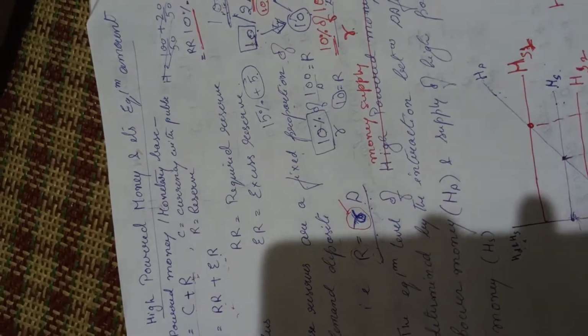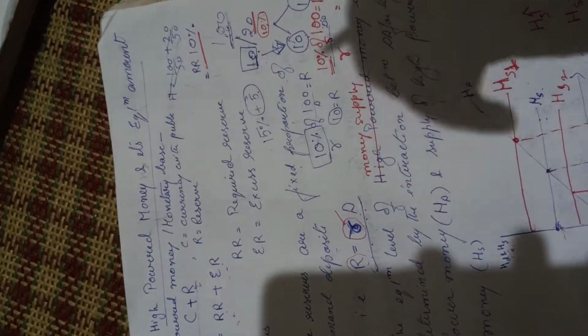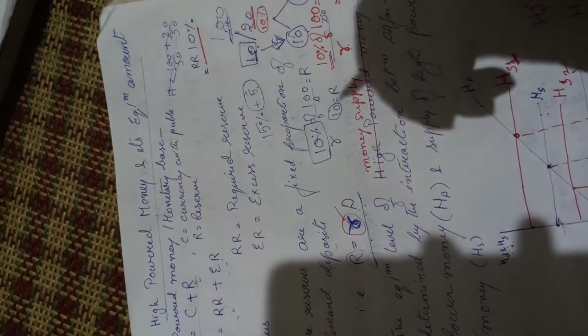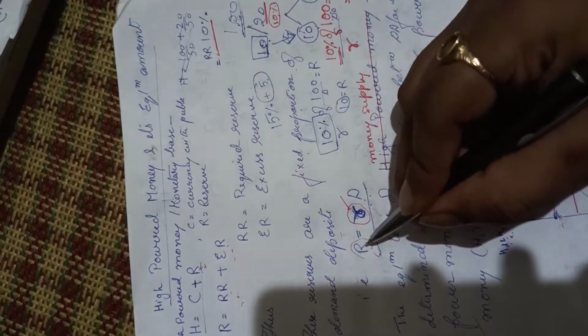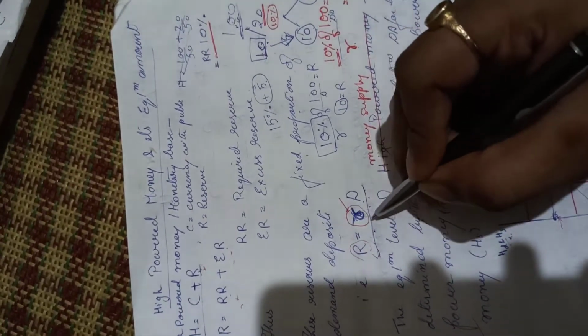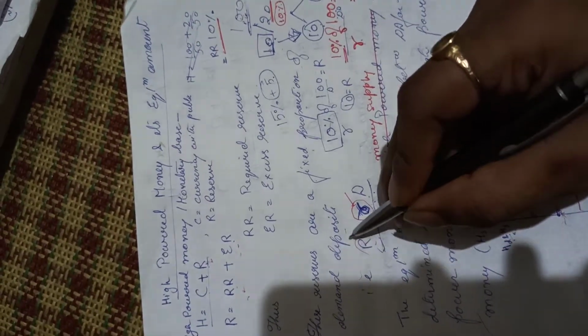If your demand deposit is 100 again, and your R is equal to 5%, then you are keeping 5 rupees as a reserve. So the value of R determines the size of your reserve. The value of this proportion or this percentage determines the size of your reserve.